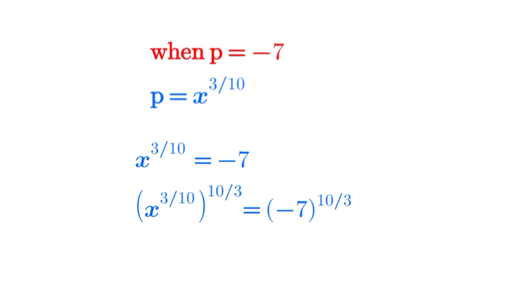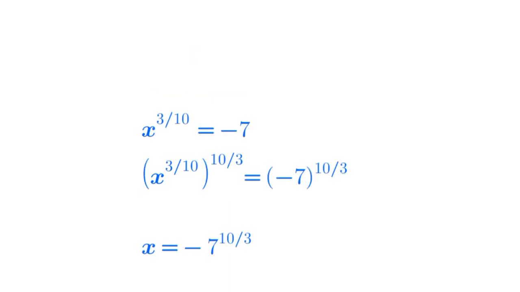Now our 3/10 is going to be cancelled by 10/3, because when you multiply you get 30/30, and 30/30 will give us 1. So here we have our x equals (-7)^(10/3).